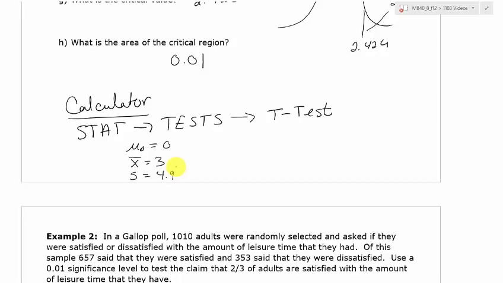We need n. And n in our case was 40. And then you also have to select the alternative hypothesis. Ours was a right-tailed, so arrow over to greater than mu sub 0. Hit enter so that that one is selected, and then arrow down to calculate, and then hit enter.